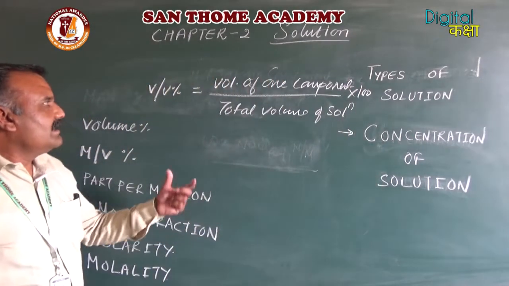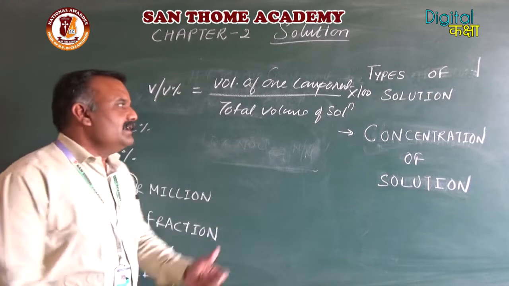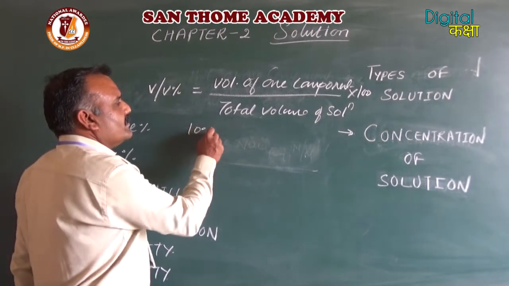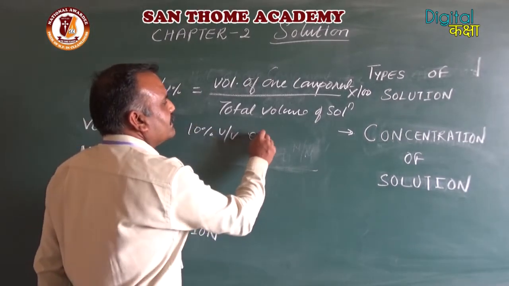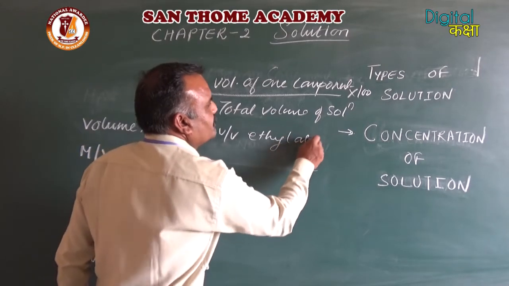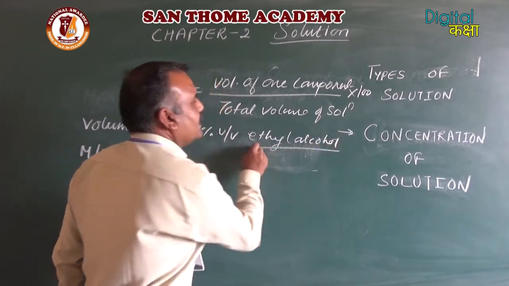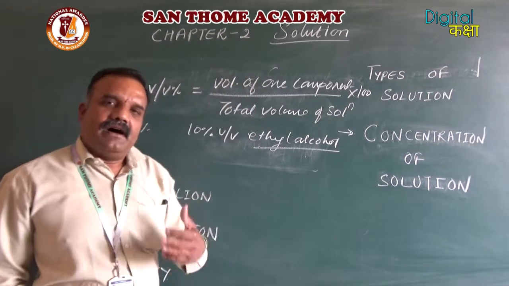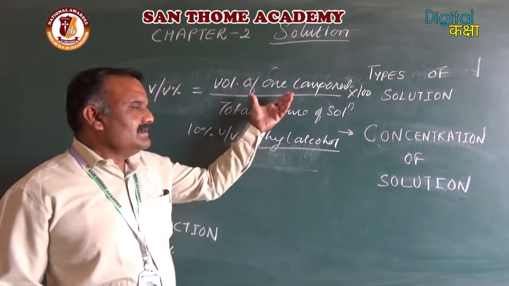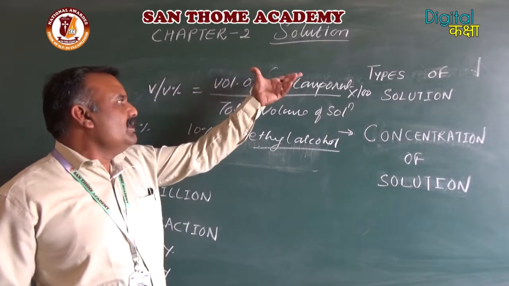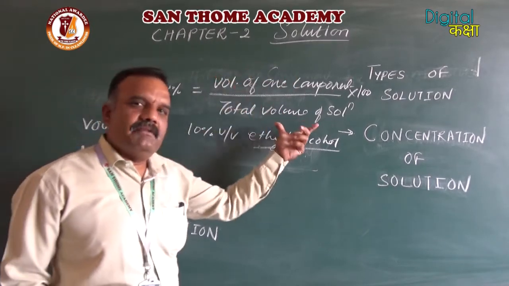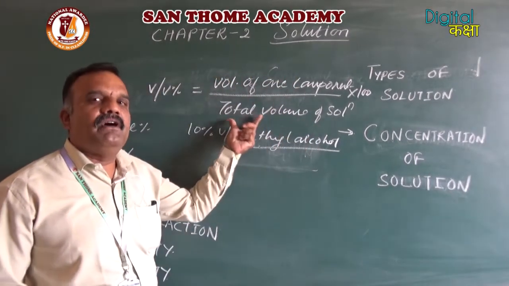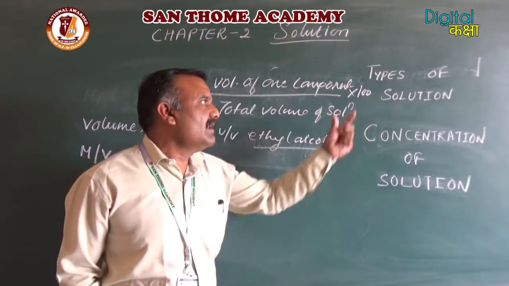Again, if I say 10% V by V ethyl alcohol solution, it means 10 ml of alcohol divided by 100 ml of solution, meaning 10 ml of alcohol plus 90 ml of water, into 100.